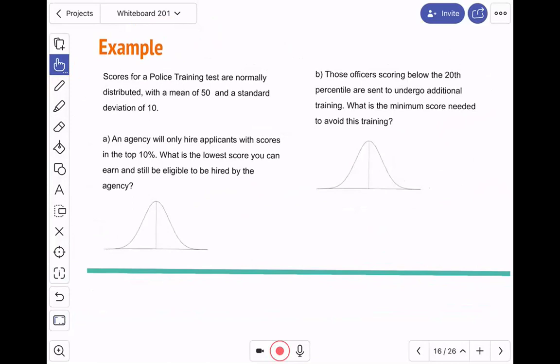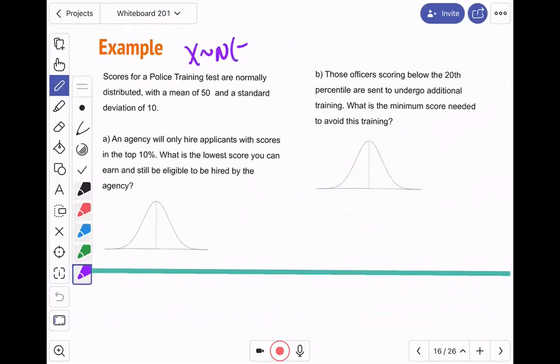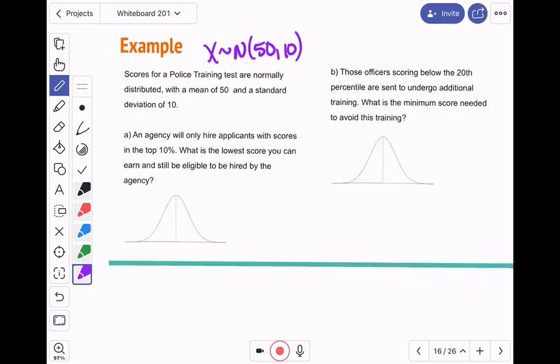Scores for police training tests are normally distributed, with a mean of 50 and a standard deviation of 10. An agency will only hire applicants with scores in the top 10%. What is the lowest score you can earn and still be eligible to be hired by this agency?